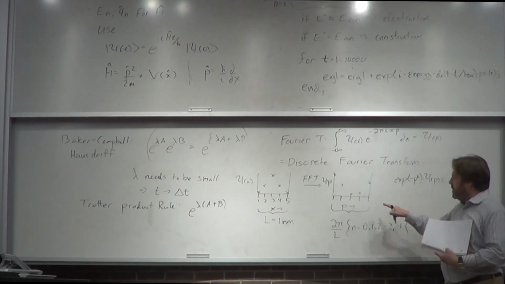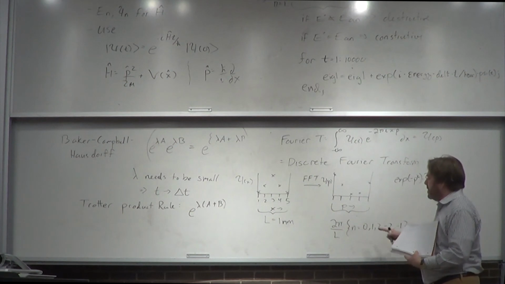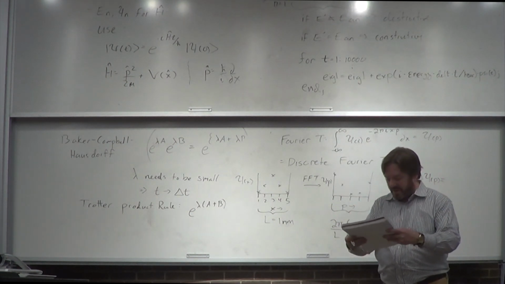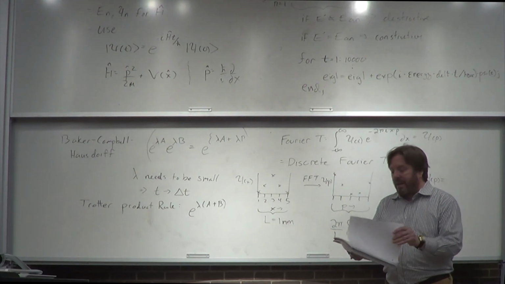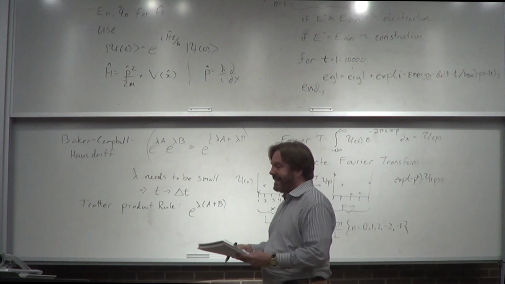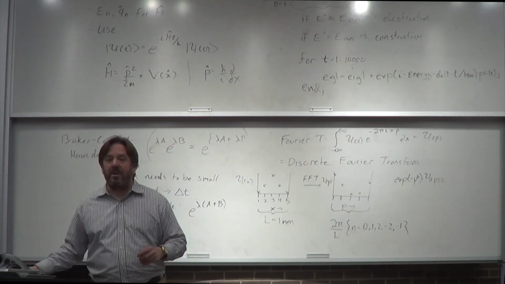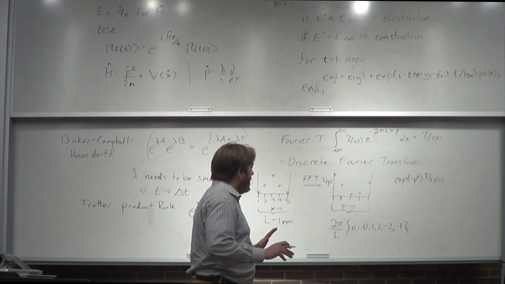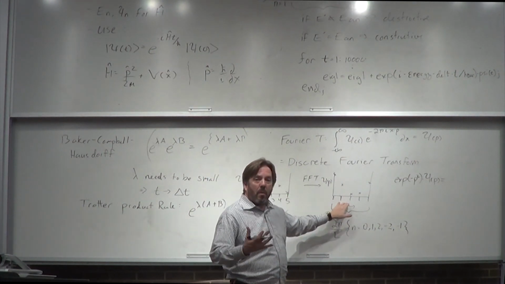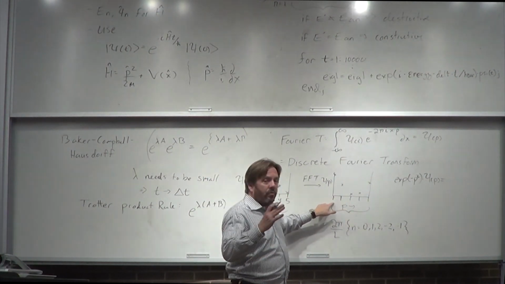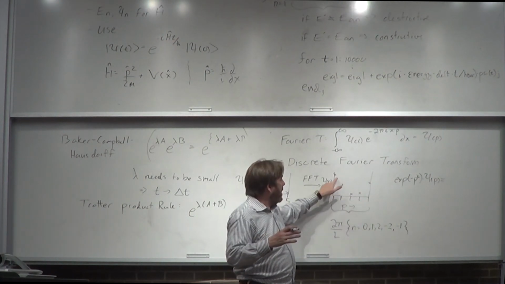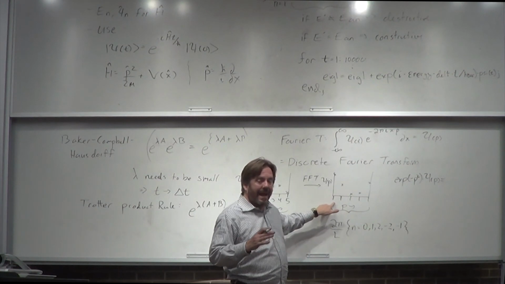The last element would be minus 1 times 2 pi over L. The first element is always 0. That's called the DC contribution. Anyway, you need to know that that's how MATLAB indexes the Fourier transform. MATLAB does it in a very strange way. But when you Fourier transform this and then apply the momentum operator, it's really easy, but you've got to make sure you know what each point's x-axis value actually is.